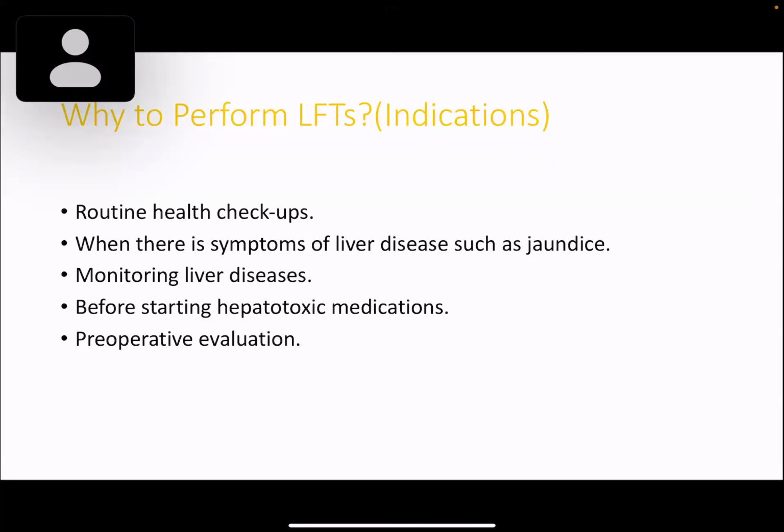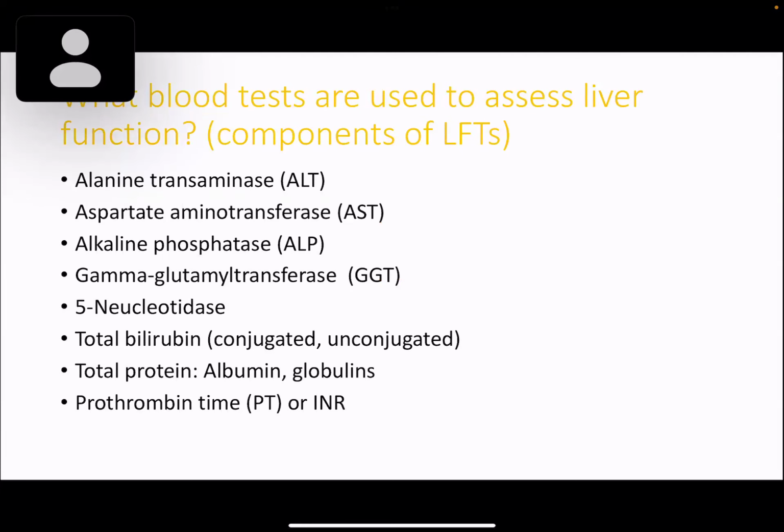And also pre-operative evaluation. It's important because some drugs used for induction of anesthesia, like halothane, can also cause hepatotoxicity. So these are among the common indications for performing liver function tests. Okay.